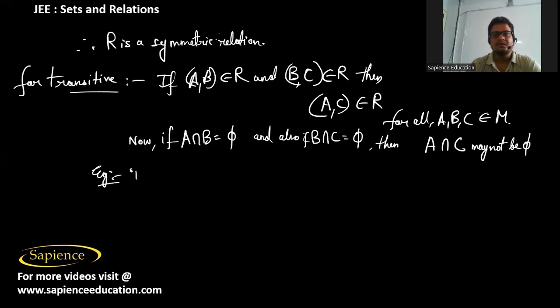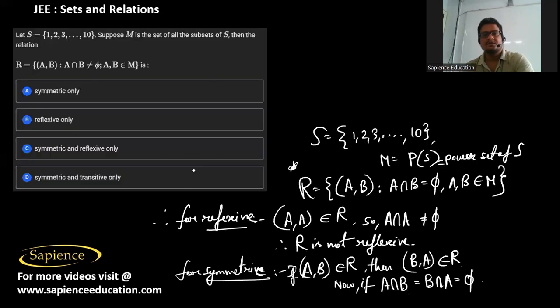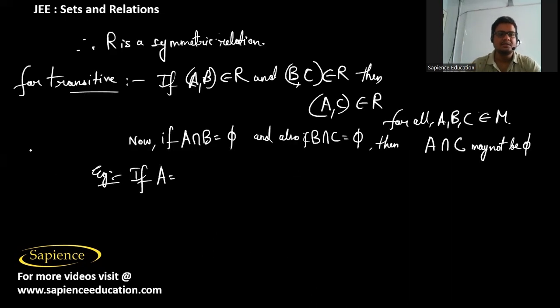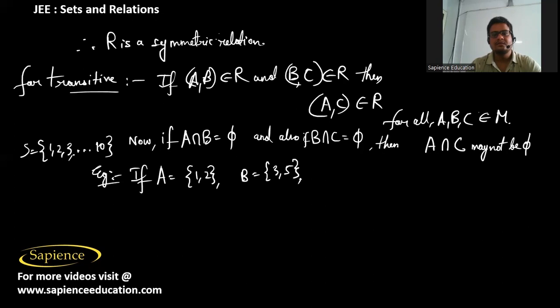For example, if we take A as a subset of S and B as a subset of S, where the set S is 1, 2, 3, 4 till 10. Let's say A is 1, 2 and B is 3, 5 and C is 2, 7.